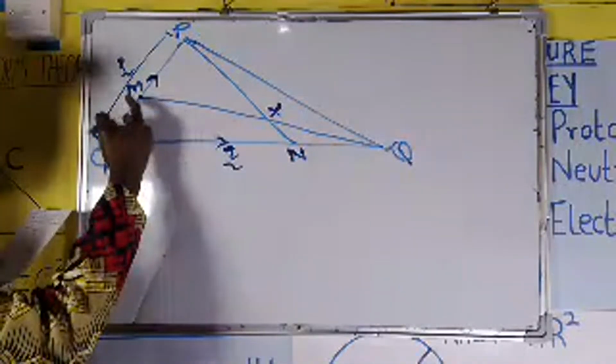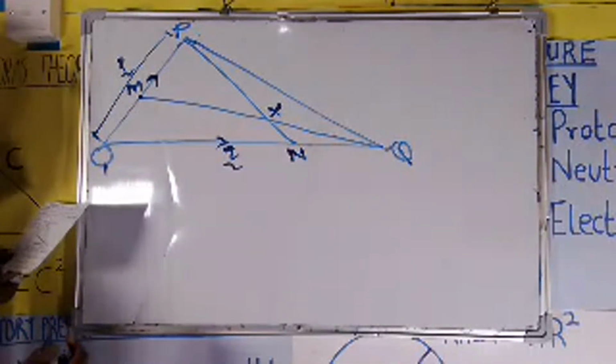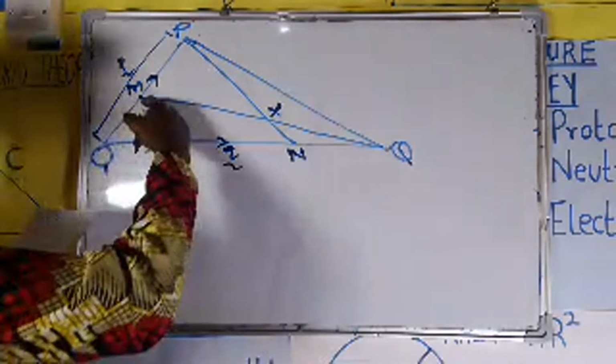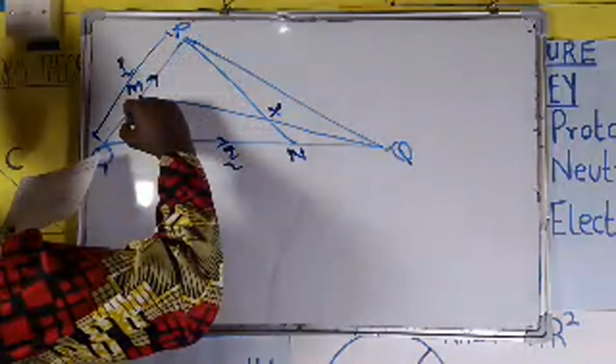You can see point M here. It lies on OP such that OM is to MP is in the ratio of 2:3.